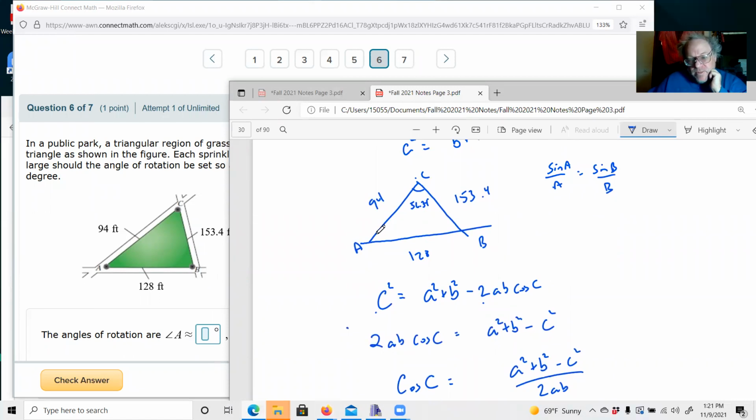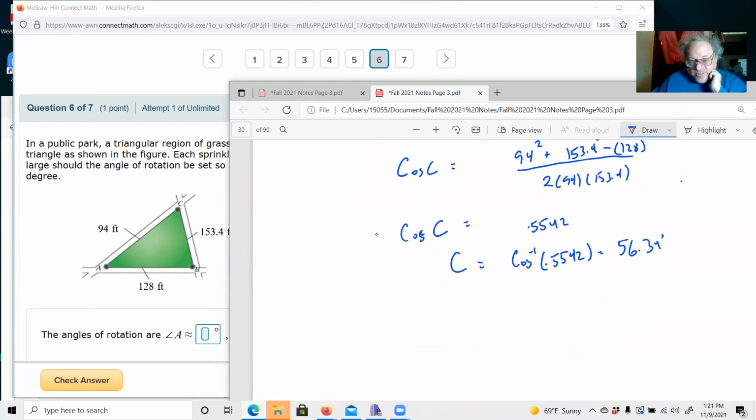I'll pick A. So we can say something like the sine of 56.34 degrees, with the opposite side being 128, is equal to the sine of A, and the opposite side is 153.4.